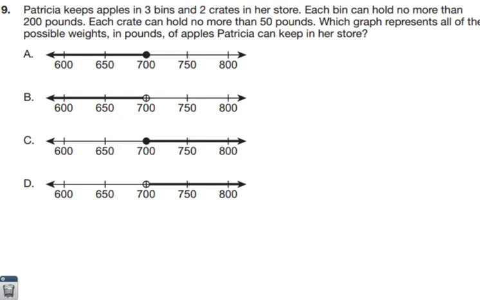Number 9. Patricia keeps apples in 3 bins and 2 crates. Again, please read these things through more than one time. Don't read it once and go, I don't know what's going on, and then give up.